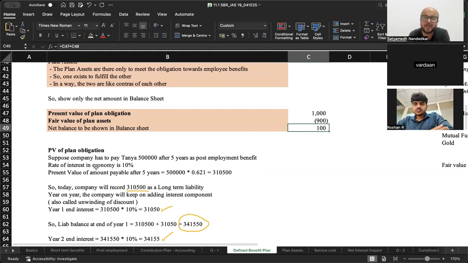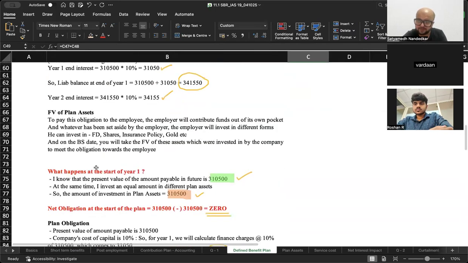This plan obligation is because you know the exact amount that you will have to pay, you have promised to pay your employees at a certain date. At what value do you record it today? You record it today at its present value. So if you have promised to pay, say, 5 lakh rupees to a person, you record it at its present value, whereas you take the fair value of all the assets involved. You take the fair value of plan assets and you have your answer.